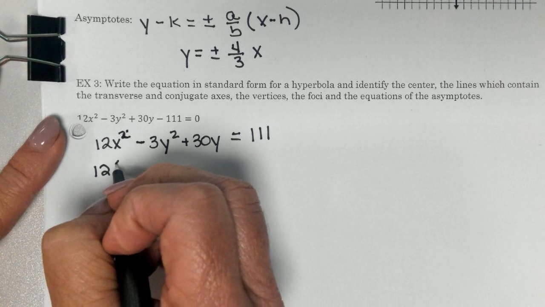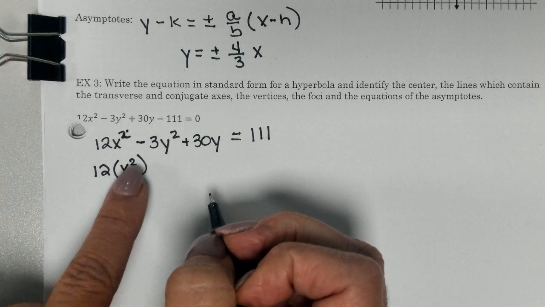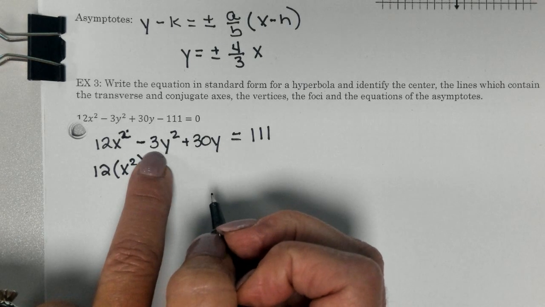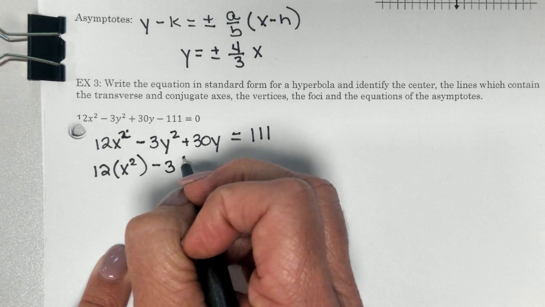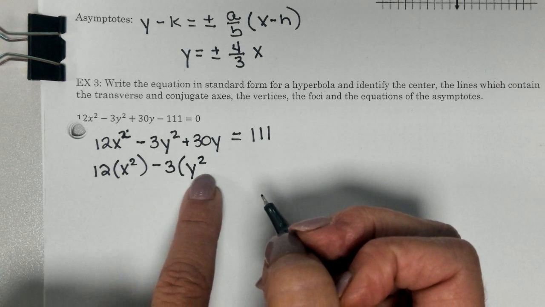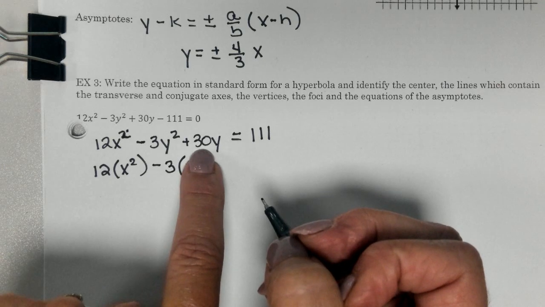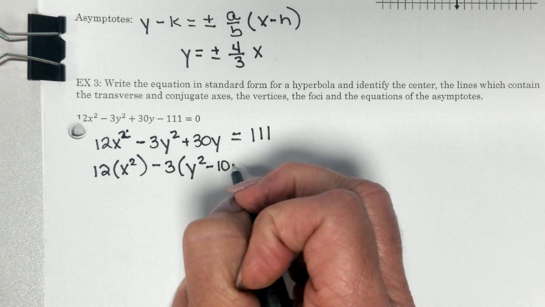I factor out the 12 out of my x. Right here, I have to factor out a negative 3. And when I factor out a negative 3, what that leaves me with for this y value is a negative 10y.